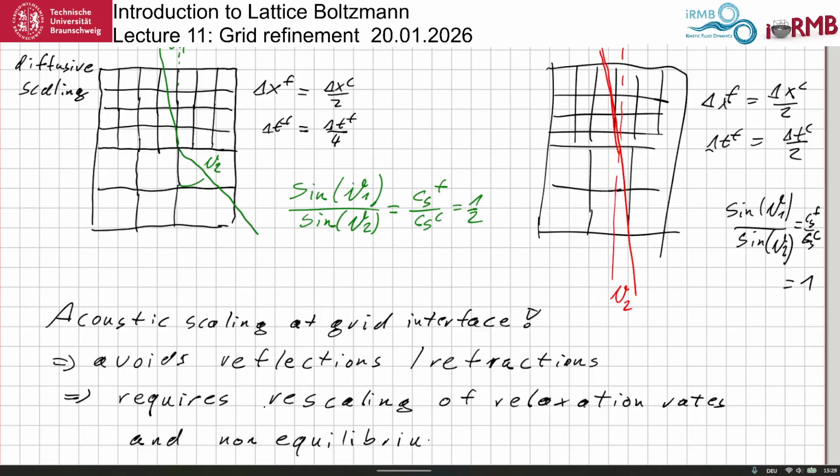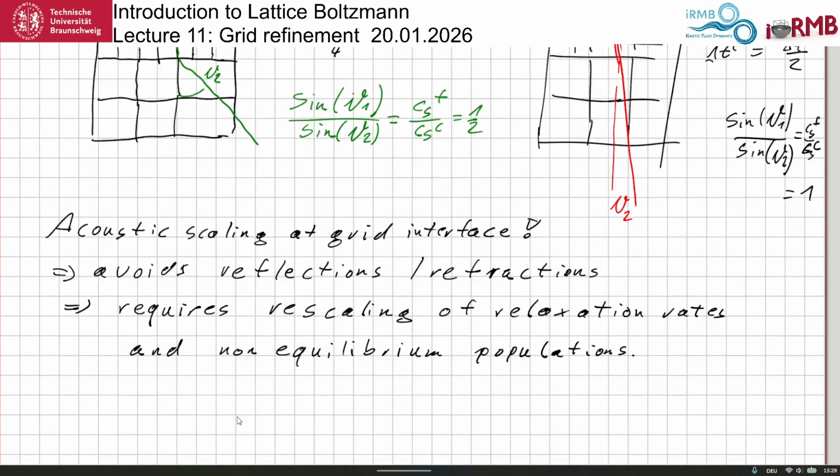Now, if you're listening carefully, you would notice something, namely that when we do this collapse and explosion, we did not do anything to the non-equilibrium.